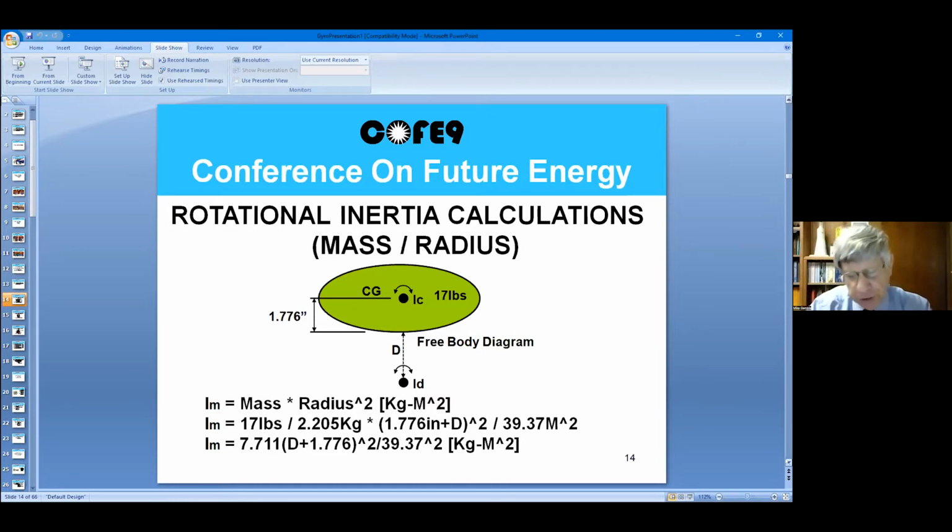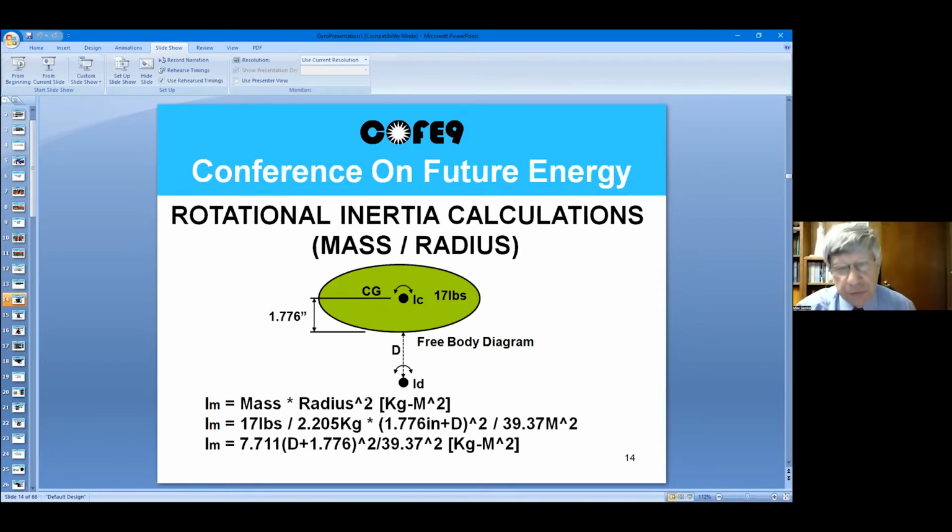From the textbook equations, inertia is equal to the mass times the radius squared. In this case, the test article weighs 17 pounds and the center of gravity is 1.776 inches above the base plate. And then from the base plate down is your D dimension of where you want the torque to rotate on.